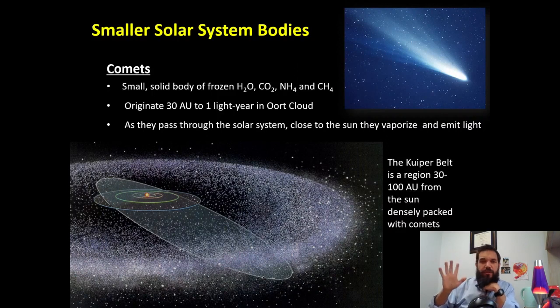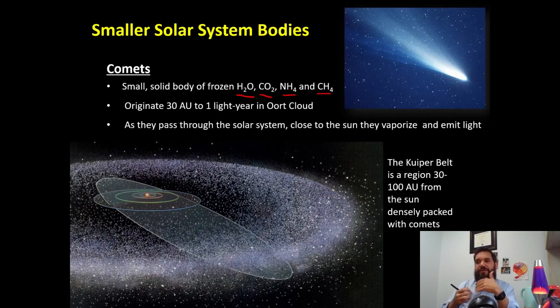So, going on to smaller solar system bodies: comets. Comets are small, solid bodies of frozen material. Basically, I think of them as dirty ice balls, dirty slush balls, containing H2O, CO2, NH4, that's ammonia, and CH4, that's methane. Comets do orbit the sun, but a lot of them have very extreme distances from the sun.